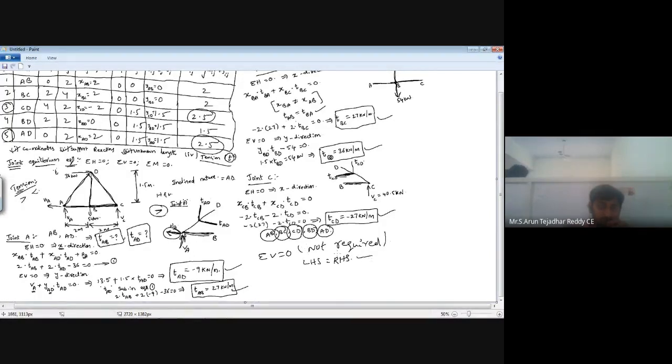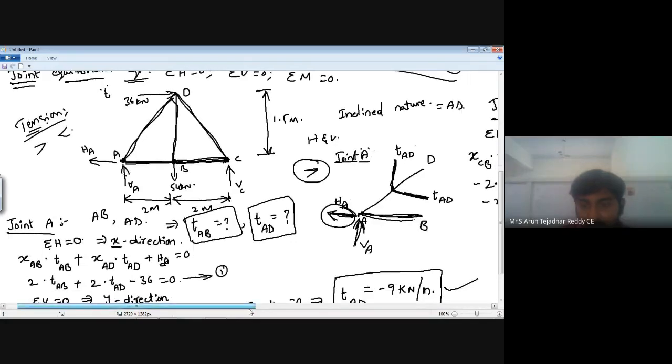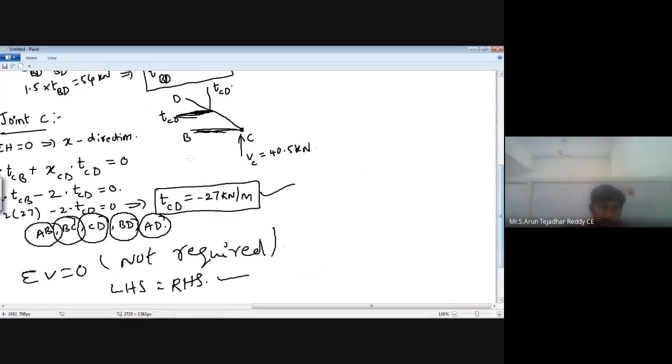Otherwise, wrong. See, we'll see. In the joint C, how many vertical forces are acting here? That is TCD vertical force, VC vertical force.